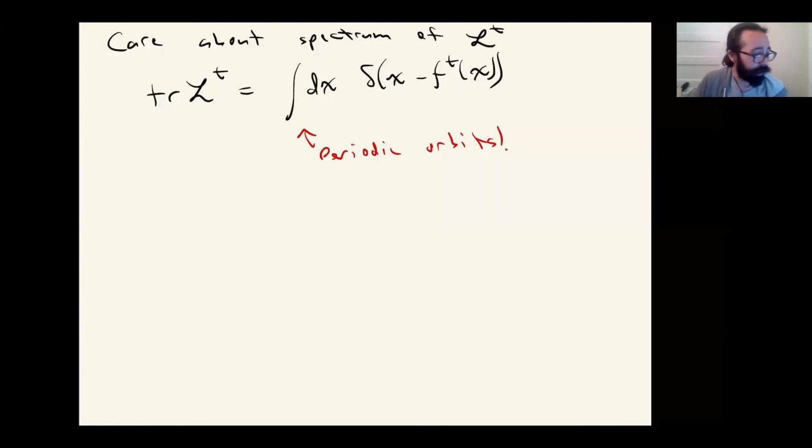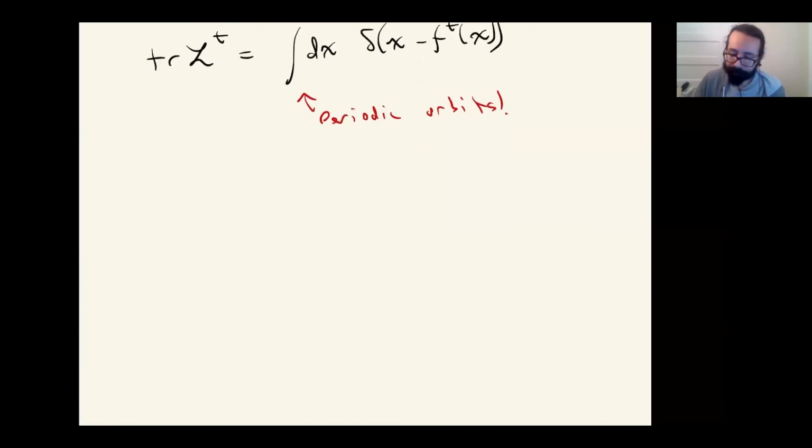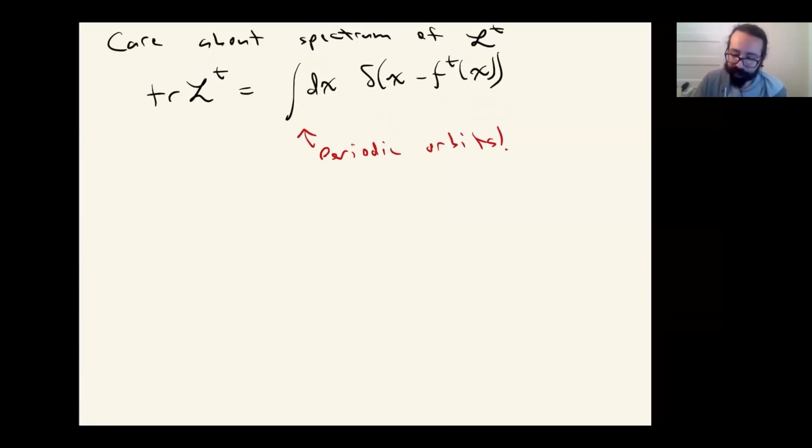And so I think just to end, I'm going to write down that this is an integral that clearly prioritizes trajectories that come back to themselves after some time t. And so we would maybe expect that periodic orbits, where the period of your orbit is some multiple of this time interval t, are going to play a role.